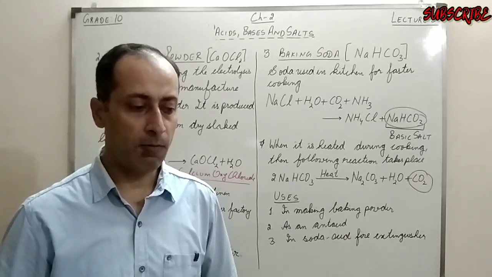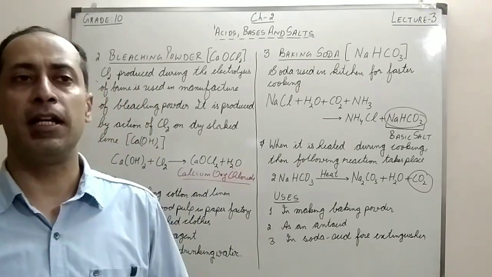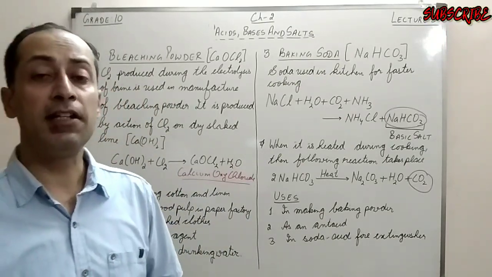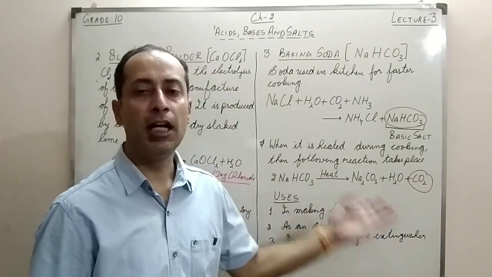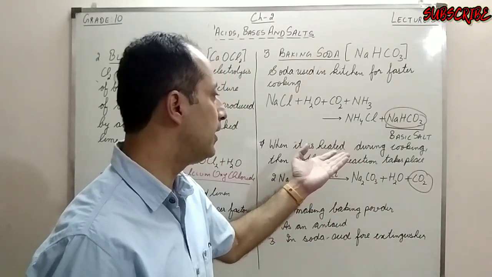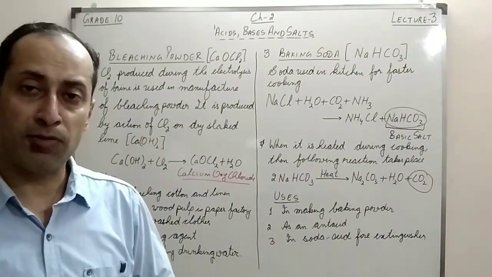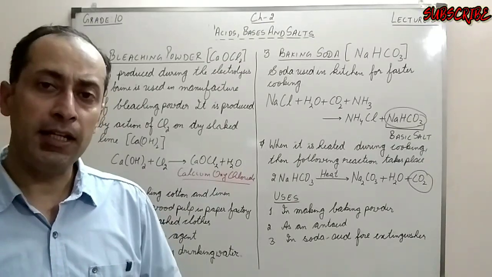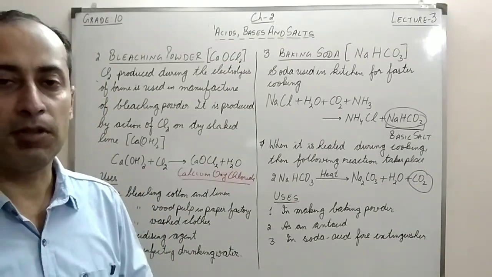CO2 has a very important property that it absorbs heat energy and increases the temperature. The same thing it does during cooking. So this CO2, formed during the heating of NaHCO3, helps in cooking the substance faster because more heat is absorbed.